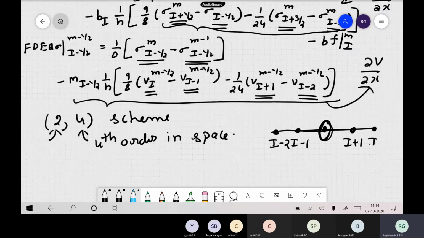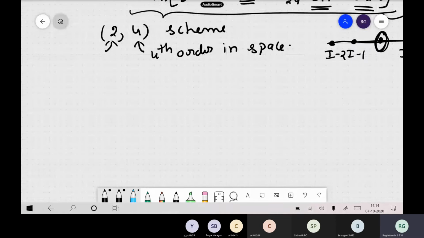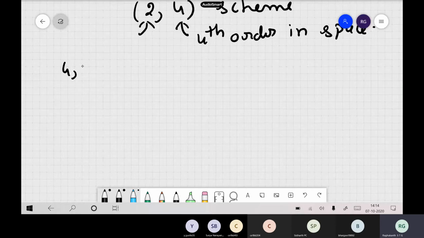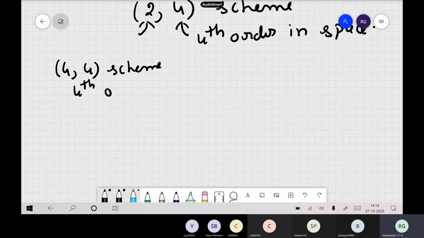Which means we are increasing to fourth order in space itself. You can do like this also, or you can even have a scheme which is fourth order in time also, a 4 comma 4 scheme. Which means it is fourth order in time as well as in space.